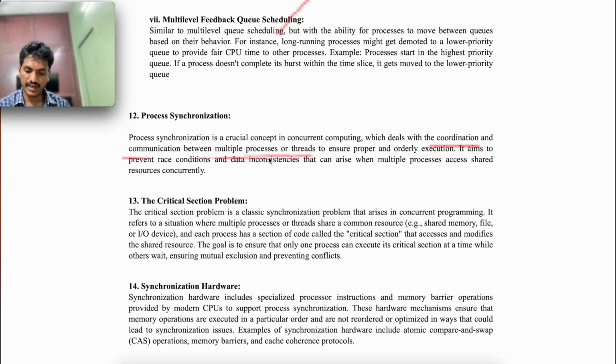This problem arises in concurrent programming. It refers to the situation where multiple threads share a common resource.